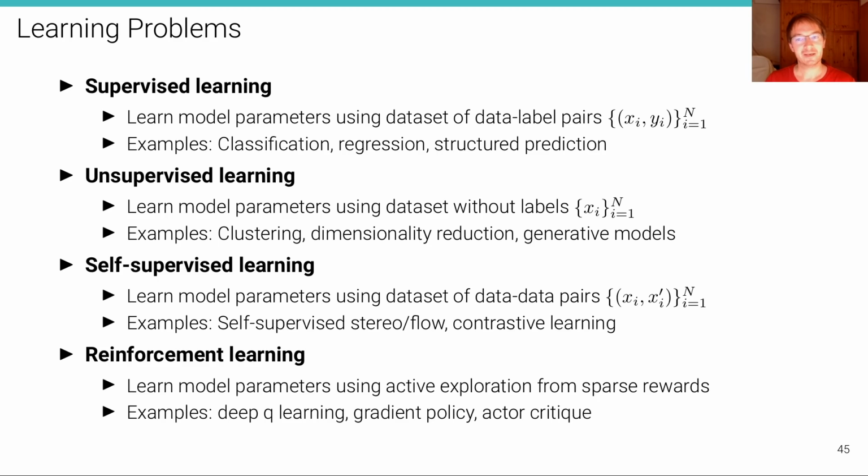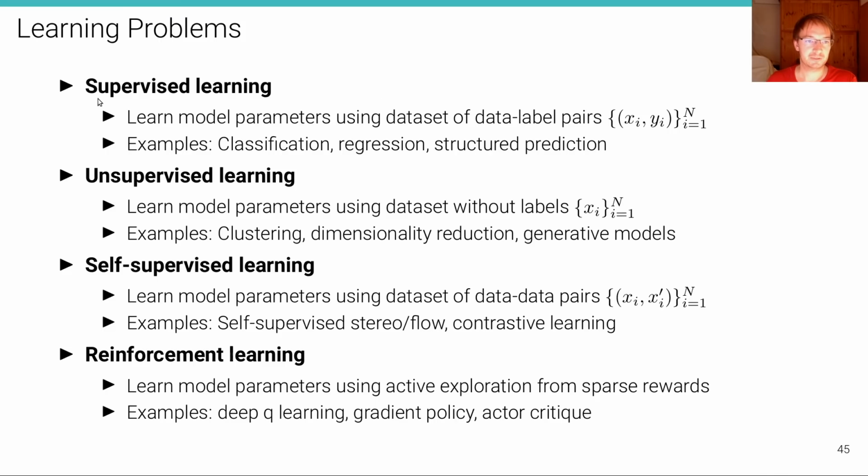Let's start by having a look at the different learning problems. There are various categorizations of learning problems, but for this lecture, we're going to categorize into supervised, unsupervised, self-supervised, and reinforcement learning problems. They all differ depending on the data that is used or the supervision that is provided.